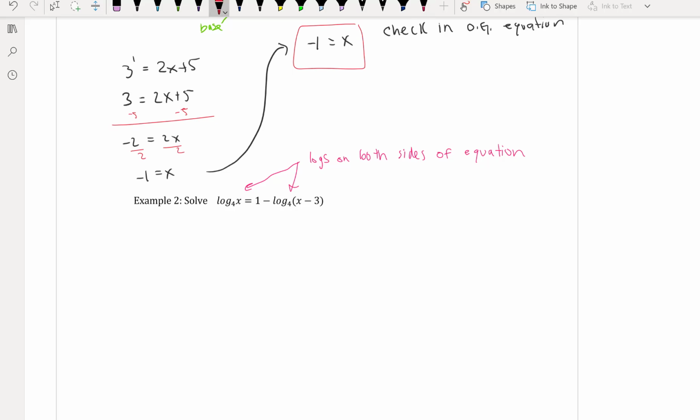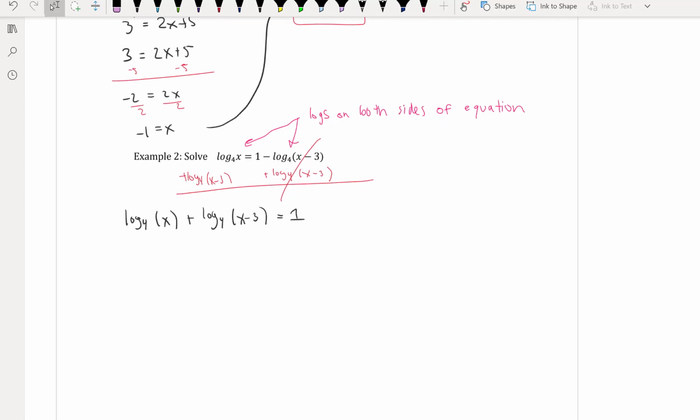That means I'm going to add this log base 4 of x minus 3 to both sides. Then this side will cancel. So I'll be left with log base 4 of x plus log base 4 of x minus 3 is equal to 1. Now I have logs on one side of my equation.